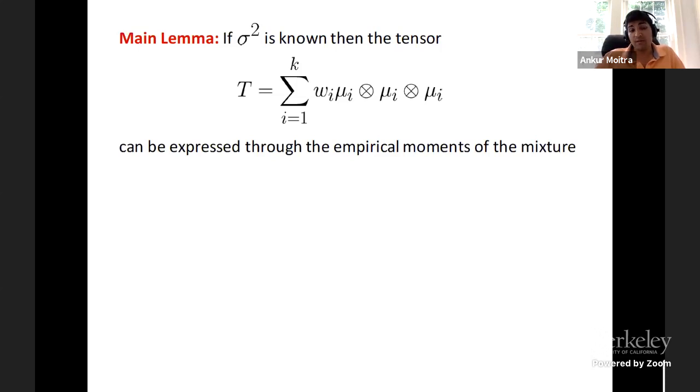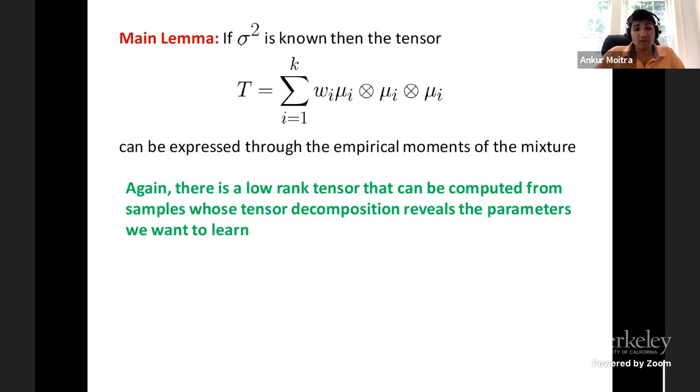Now, we don't directly have access to this tensor. That would be nice if we did. It turns out that you can compute the first, second, and third moments of your distribution, and you can do that just through samples. And you can construct this tensor T based on the empirical moments from your distribution. And then all we'd have to do is apply Jennrich's algorithm.